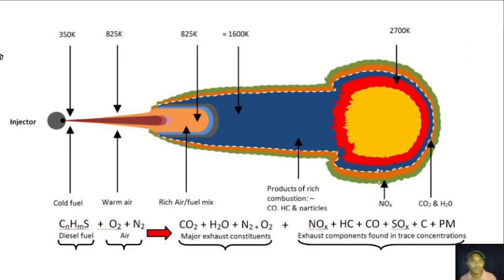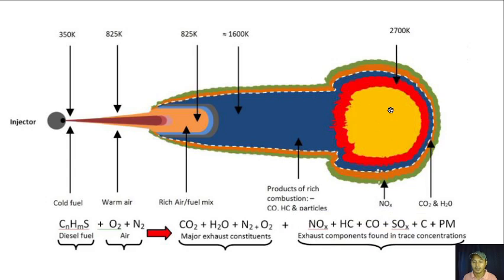Okay, so here we have the fuel injector, and a temperature of 350 Kelvin. There is cold fuel injected by the injector. At this part there is 825 Kelvin warm air. Then there will be a rich air-fuel mixture, a mixture of air and fuel at 825 Kelvin. At around 1600 Kelvin there are products of rich combustion: carbon monoxide, hydrocarbon, and particles.